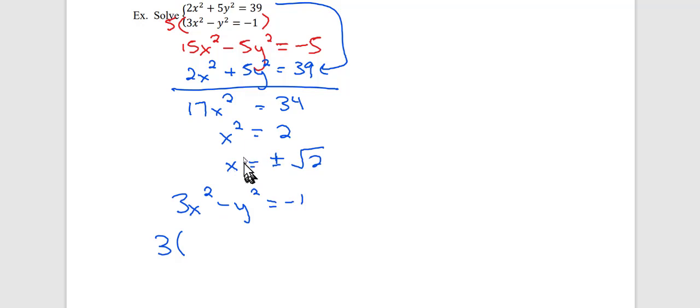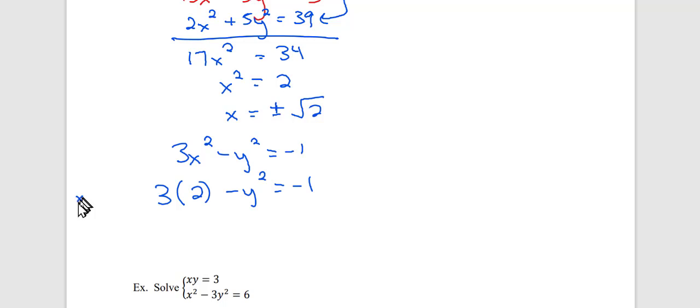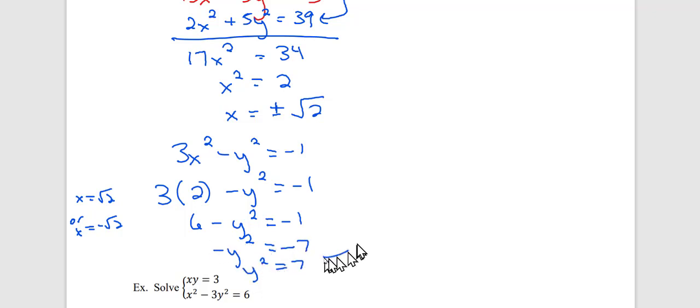Whichever one of these I put in, the x squared is always 2, so I'm going to just replace the x squared with 2 and come up with my solutions, and just recognize that this works for x equals √2 or x equals -√2. 6 minus y squared equals -1. Negative y squared will equal -7. So y squared equals 7, which tells me y equals plus or minus root 7.